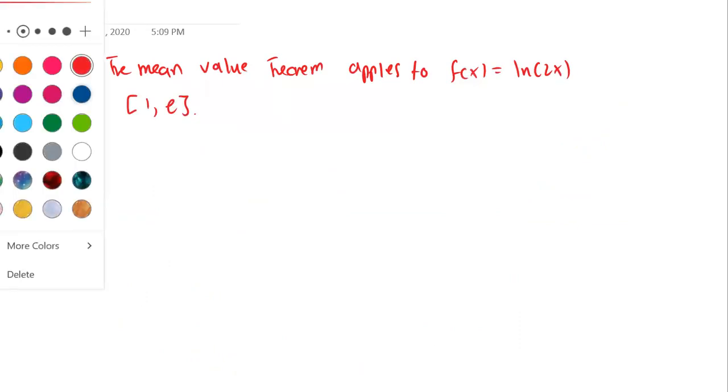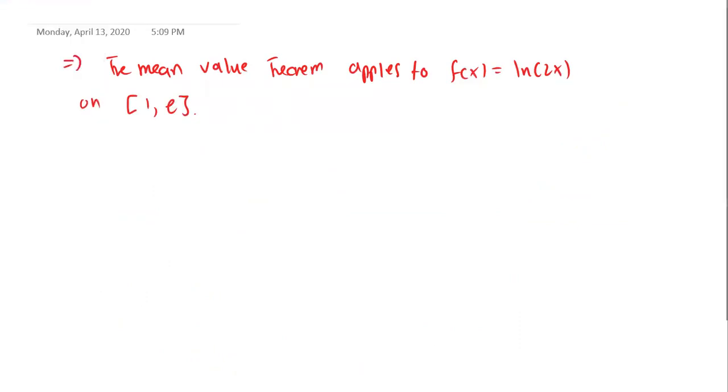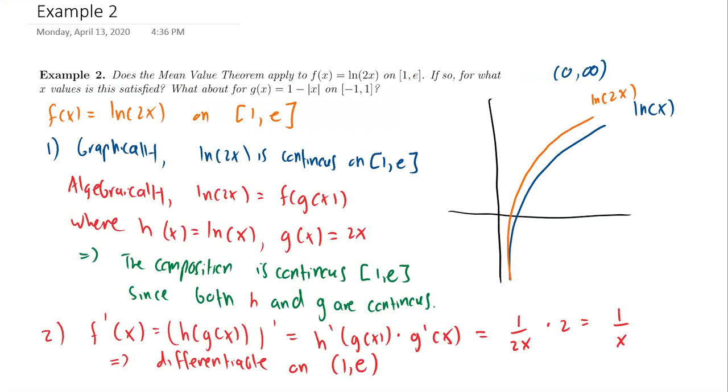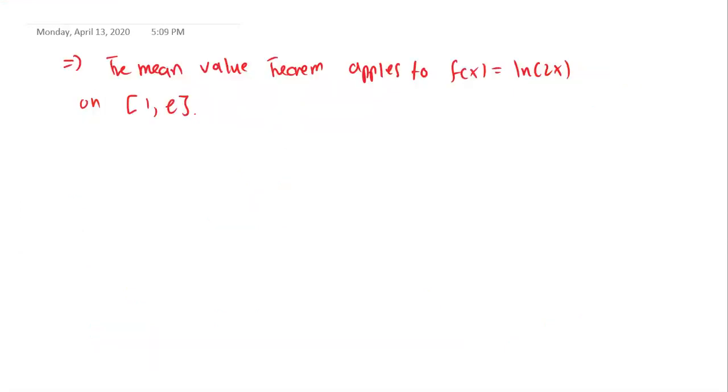Now, the next part of the question is, now that we know that the mean value theorem applies, we want to know, okay, for what values of x is it satisfied? So for which inputs in the interval 1 to e does the slope of the tangent line equal the slope of the secant line between the endpoints? Okay? And again, we're guaranteed to have x values where this is true. That's what the mean value theorem says.